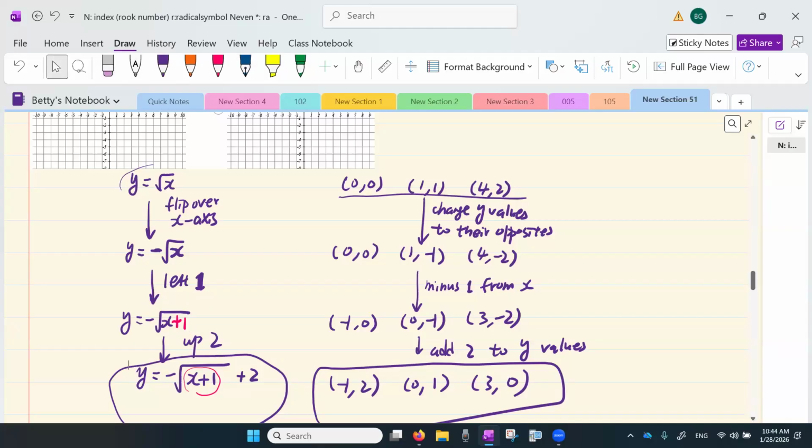Okay. So in a case where we don't have the square root, the parent function is just x squared, right? And we have to shift it along the horizontal line and then later along the vertical line.